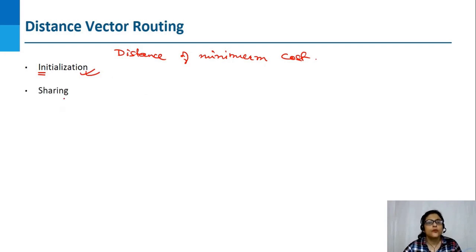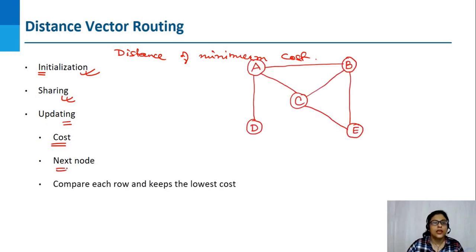Then we have to share the information between the different routers. After that, we have to update that particular information that is being shared by other routers in their own routing tables. Now, this is based on either cost or the next node, and then we have to compare each row and keep the lowest cost.